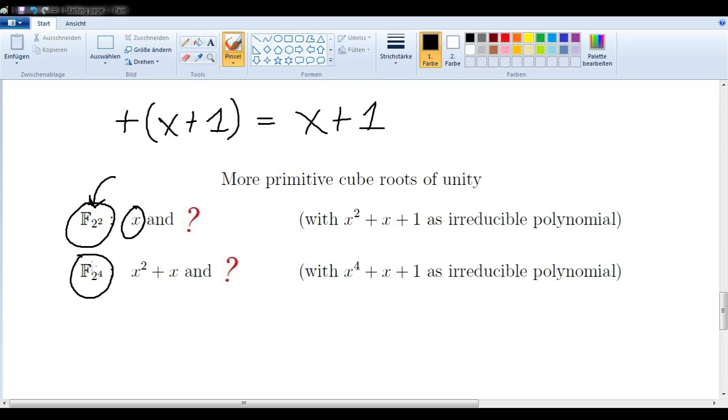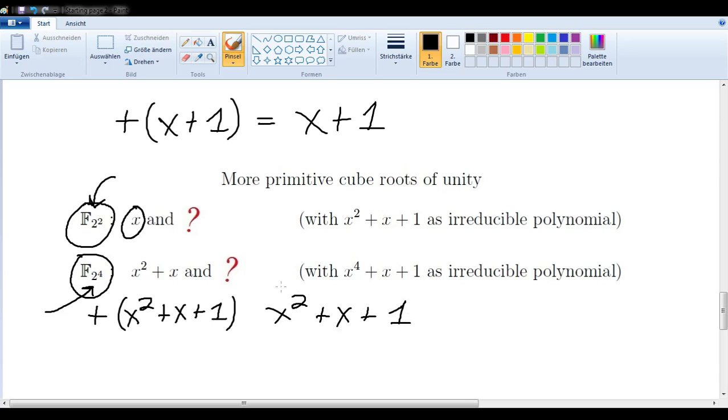And if we're dealing with this field here, F16, then x squared plus x is our primitive cube root of unity. We add 1, and we add a negative sign. And again, because of the characteristic here, we can just ignore that negative sign, and we have our answer. X squared plus x plus 1.